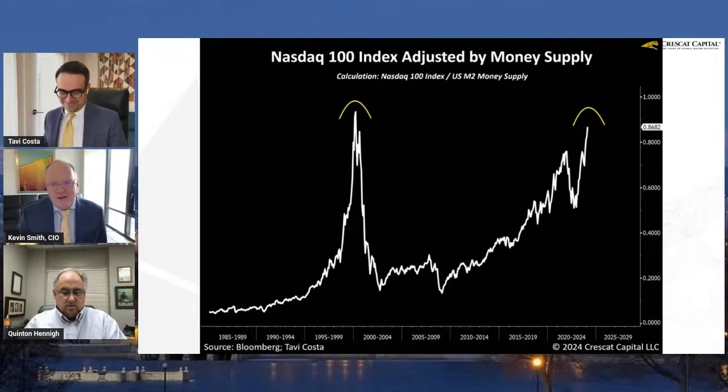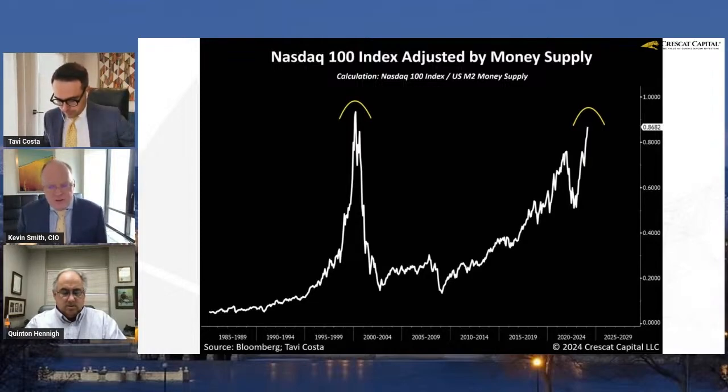So here we're looking at the NASDAQ 100 index. This is where all the mega cap tech stocks are parked, and we're comparing it to money supply. It's just another way of looking at valuation of mega cap tech, seeing, even with the record money supply that we have out there, how high stocks are valued relative to that.